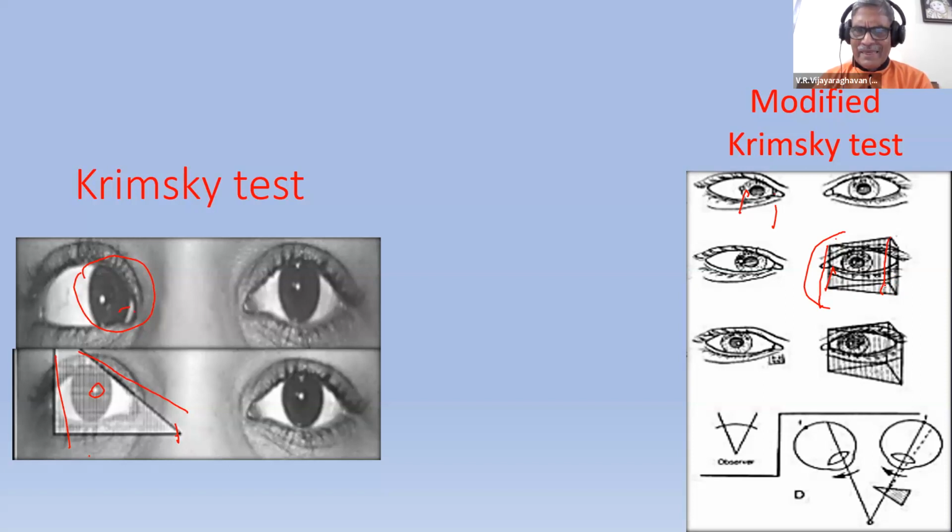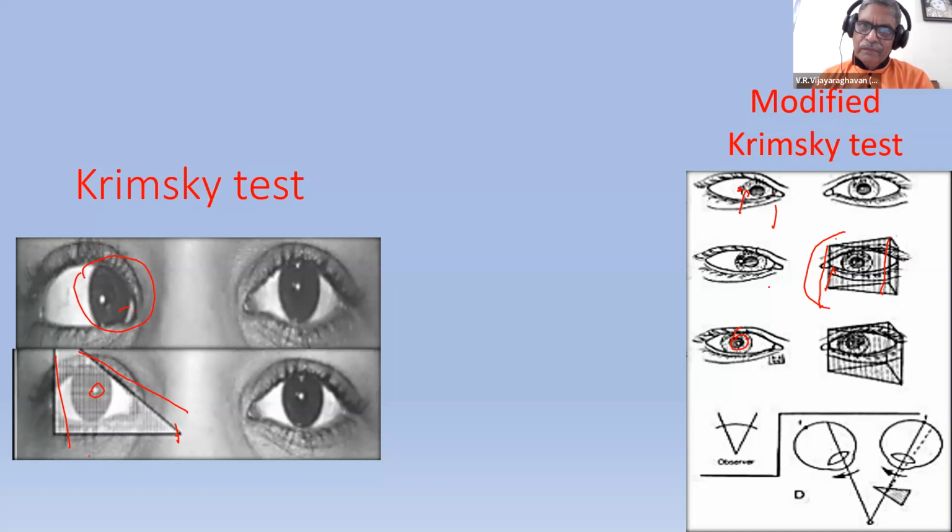When the movement is there, the squinting eye also will move because of Hering's law. And the reflex that is falling on the limbus here, you have to keep on increasing the power in front of the squinting eye to bring it straight. The amount of prism, or the power of the prism, with which we have brought the reflection to the center, that is the angle of deviation.